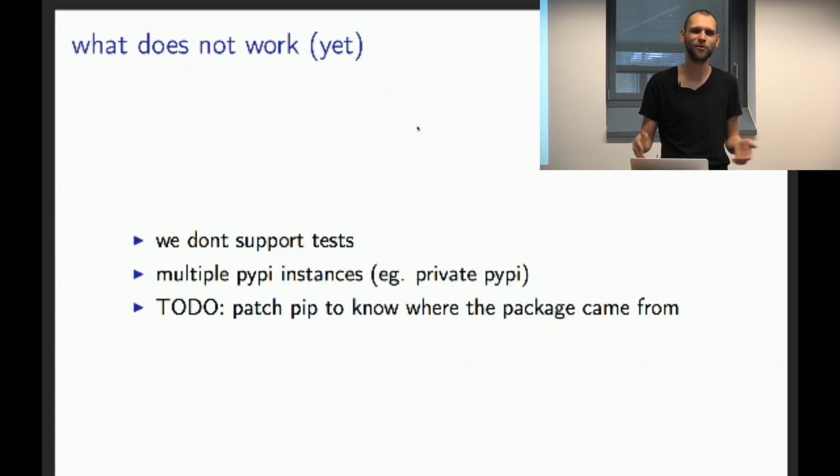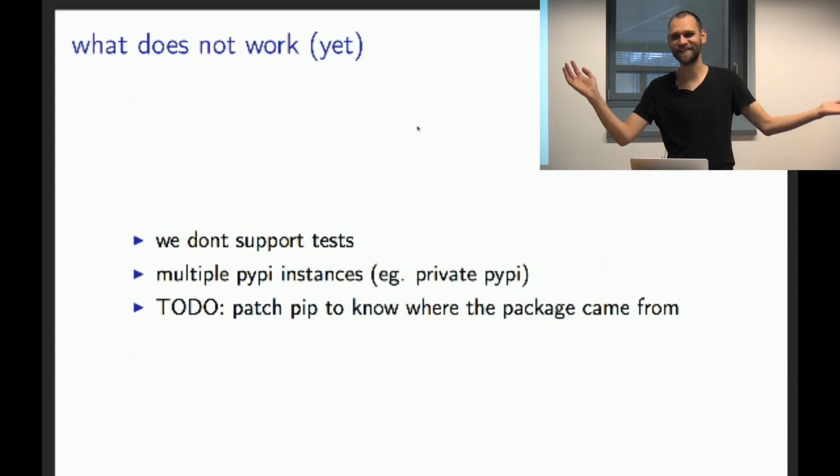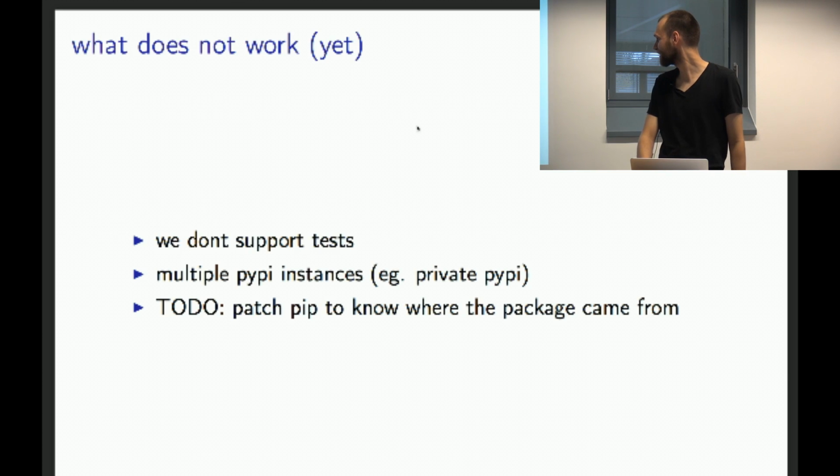Of course, we could parse it from standard out, but we don't want to do that because it would break every time pip updates. We don't want to rely on the front end of pip to generate our Nix expressions. And if anybody wants to do that, feel free to contact Rock or me.